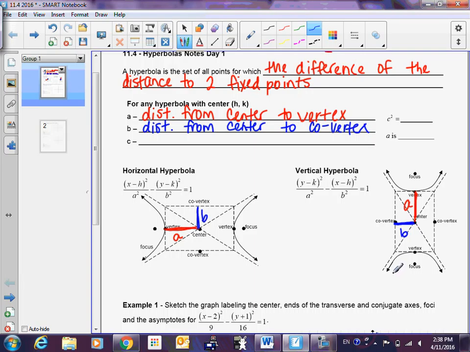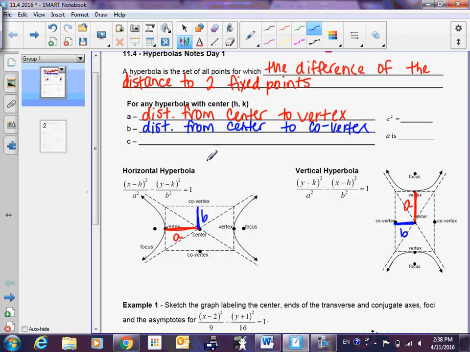All right, now with ellipses, A, or A squared, was always the bigger number because vertices were always further apart than co-vertices. But with hyperbolas, A could be smaller than B. You could have a hyperbola whose vertices are really close to the center and co-vertices really far from the center.